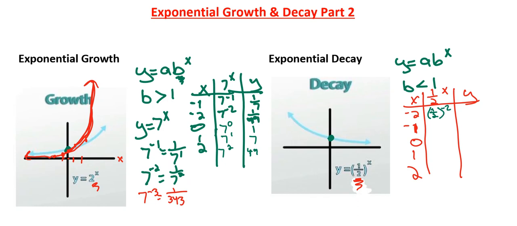But I just want to show you why this is going to look different from the growth, which is going up from left to right. It's growing, the value is increasing, versus with decay, you start at your highest point and you're just consistently decreasing all the way down. With growth, you're just constantly going up. So if we have a -2, it's going to be 1/2 to the -2.